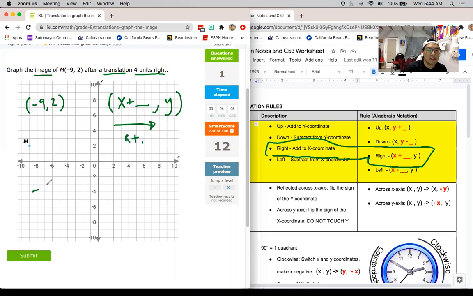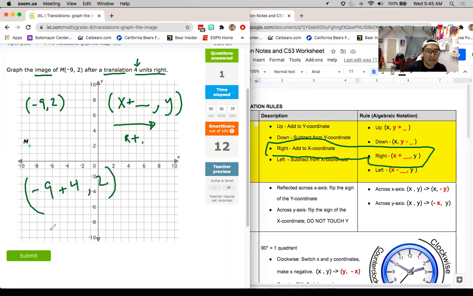So I'm at -9, and I'm going to add 4 because I'm going 4 units to the right, and 2 stays there. So I've got -9 plus 4. Again, when I see 2 different signs, a negative and I'm adding a positive, I'm actually just going to subtract and take the sign of the bigger number, the number with the bigger absolute value.